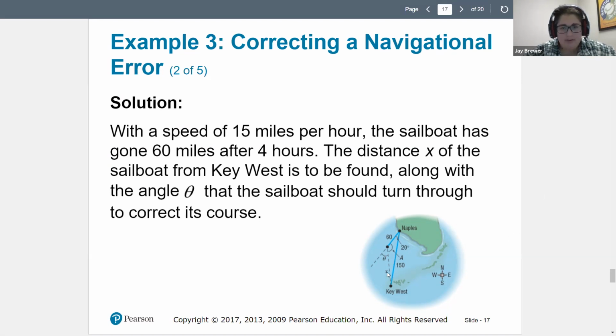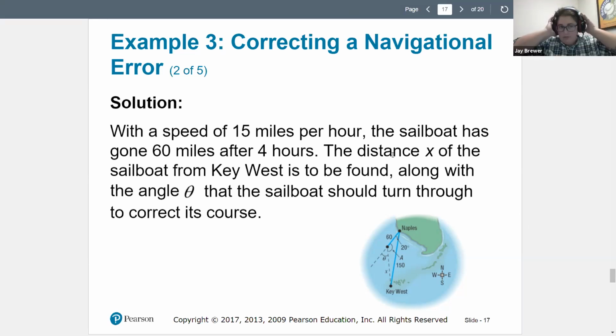So the first thing we want to find is this little X here. You kind of have to figure out based on the drawing what we're going to end up using to find X. Use the law of cosines.